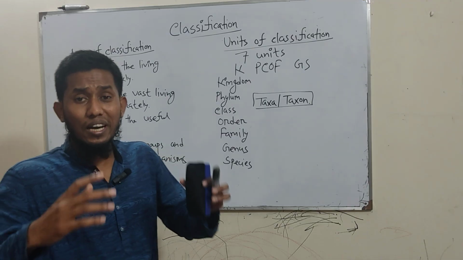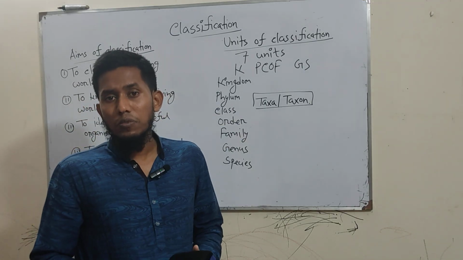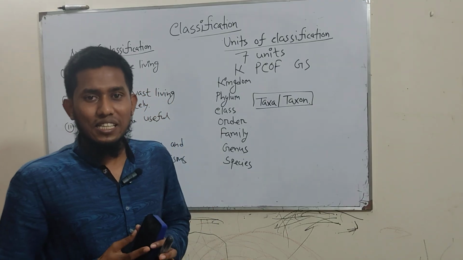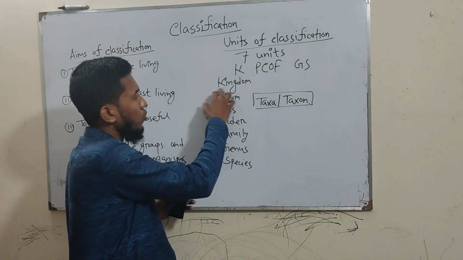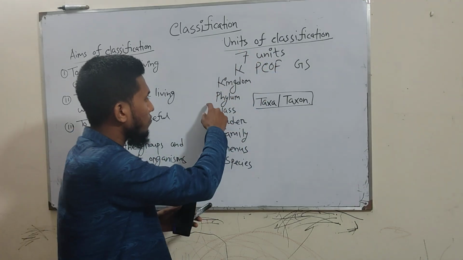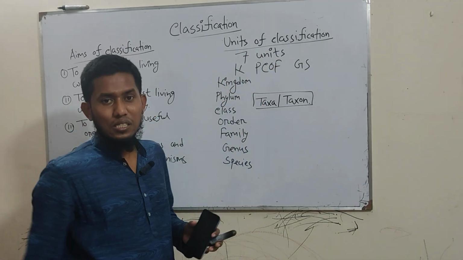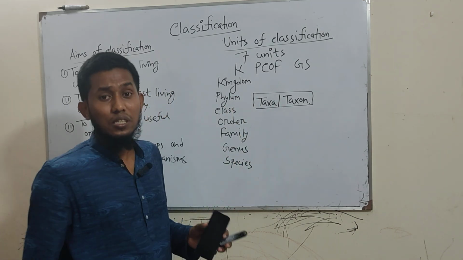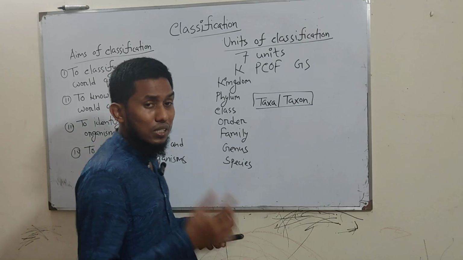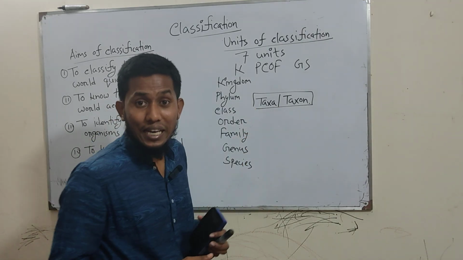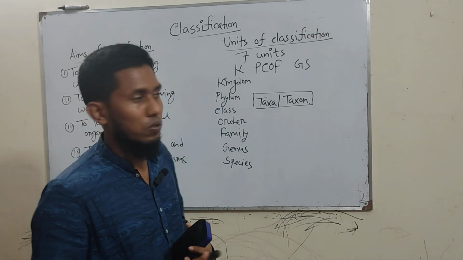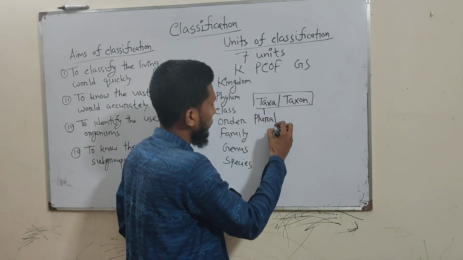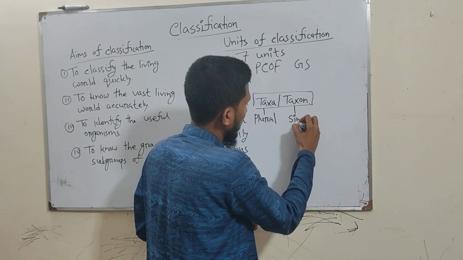So for classification of any organisms, some units are used. They are known as taxa or taxon. For example, kingdom is a taxon, phylum is a taxon, class is a taxon, order is a taxon, family is a taxon, genus is a taxon, species is a taxon. Now, what does taxa mean and what does taxon mean? Taxa is plural, taxon is singular.